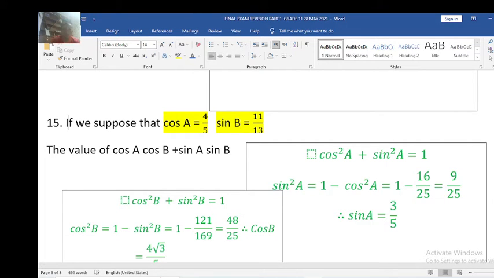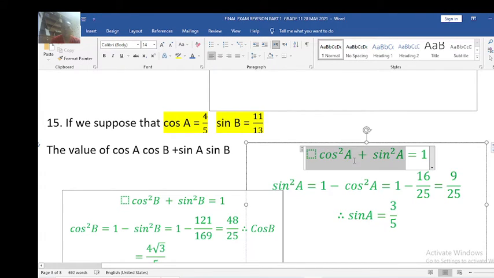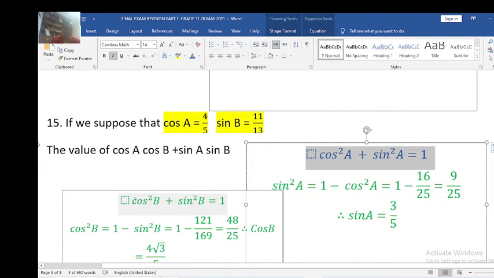But at this level, just substitution: using this fact to find sine of A, and using this fact to find cosine of B. You already know that cosine squared of A plus sine squared of A equals 1.